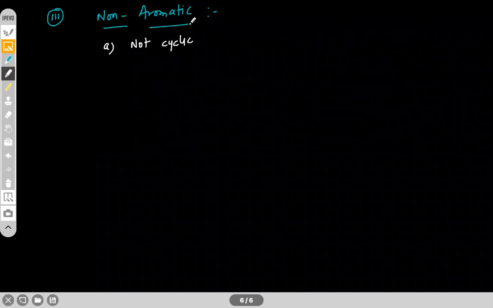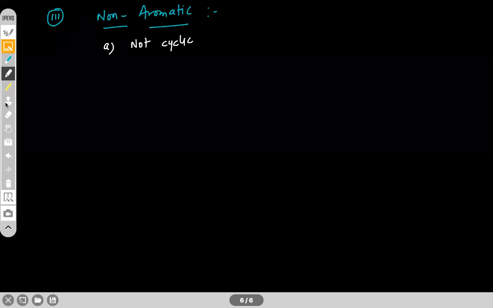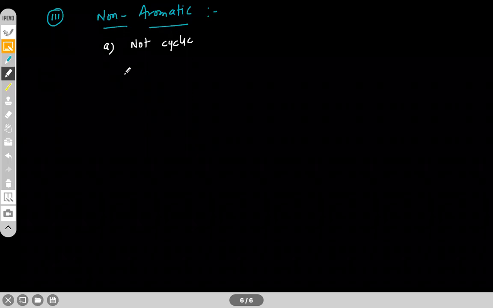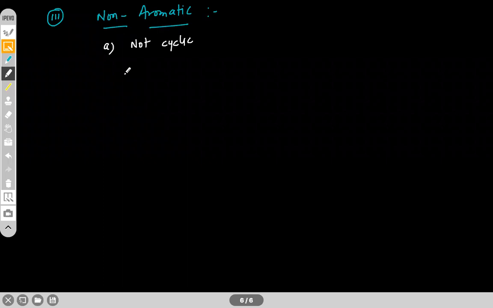Open chain compounds are non-aromatic. It's not like that, this aromatic has nothing to do with the aroma or the term that we use for smell. It has nothing to do with that word. It is not cyclic.